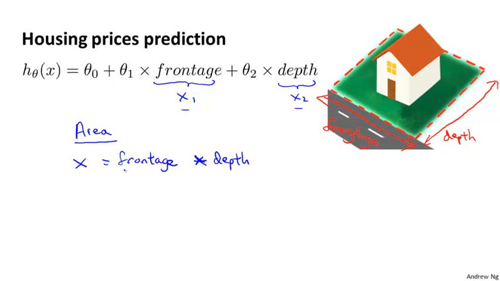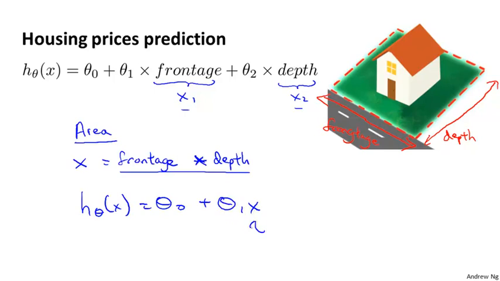So frontage times depth, because this is the land area that I own, and I might then select my hypothesis as that, using just one feature, which is my land area, right? Because the area of a rectangle is the product of the length of the sides. So depending on what insight you might have into a particular problem, rather than just taking the features frontage and depth that we happen to have started off with, sometimes by defining new features, you might actually get a better model.